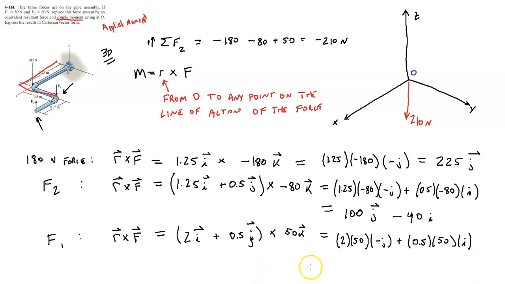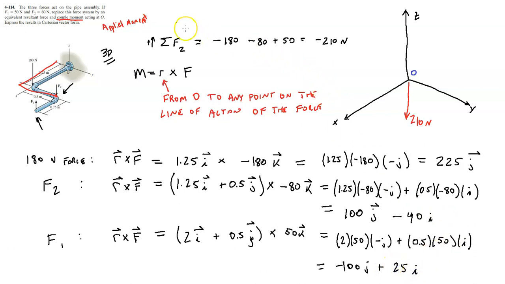And so we work this one out, and we actually get minus 100J here, and we get half, so that's going to be plus 25I.